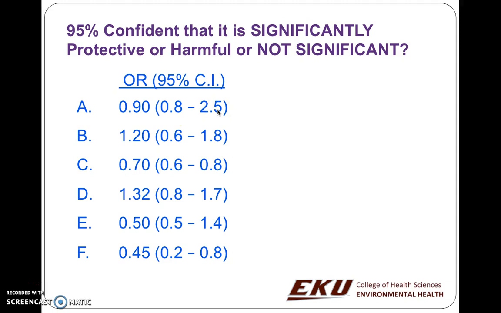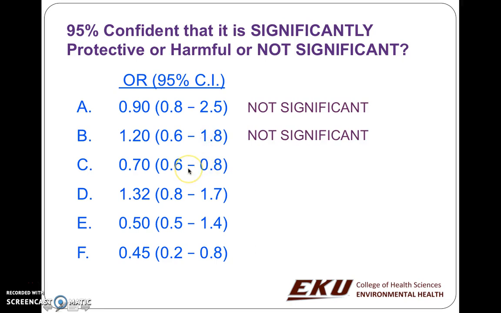So guess what? You can't say that there's a significant effect because you've got protective and harmful information from that 95% confidence interval. 1 is included in that range, so it is not significant. Again, the number 1 falls in this range, not significant.